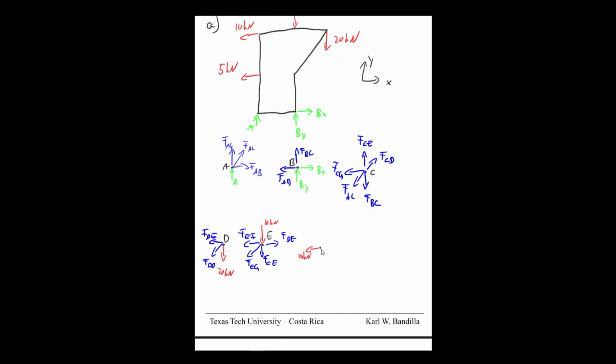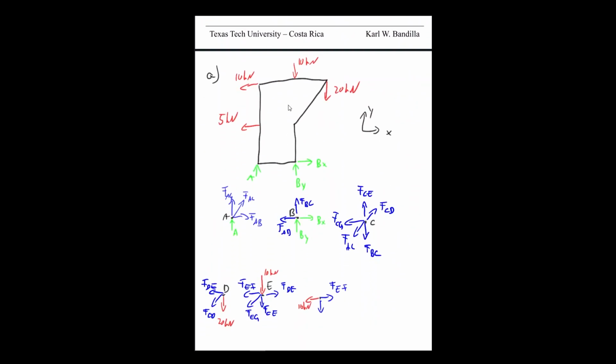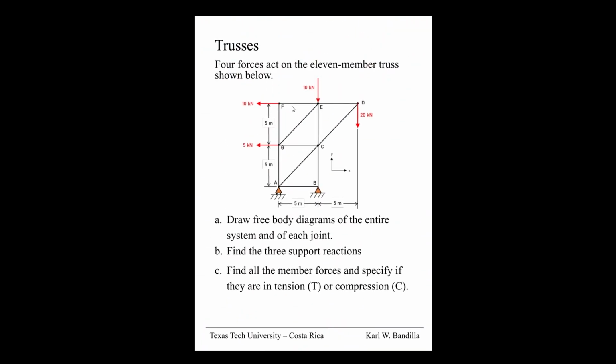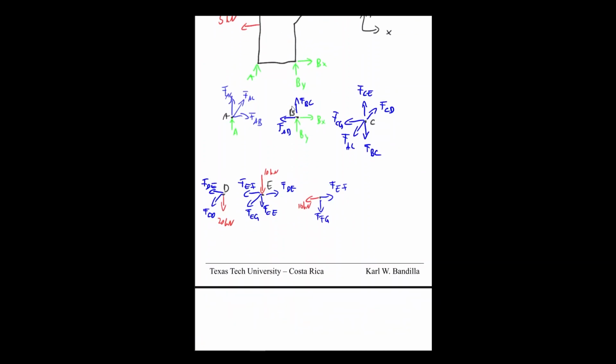Then to the right it has FEF, and down was FG. FG, right? Yeah. And we have the load, and that's it. So that was point F.